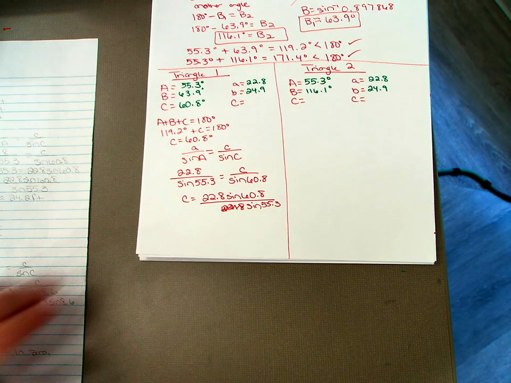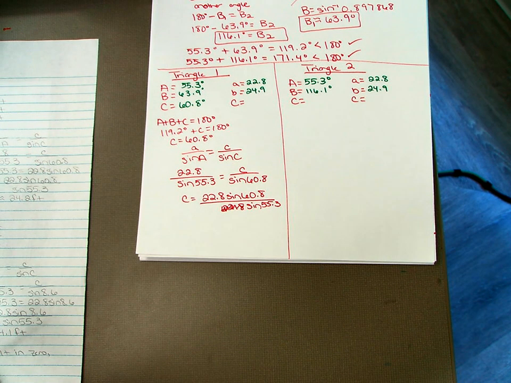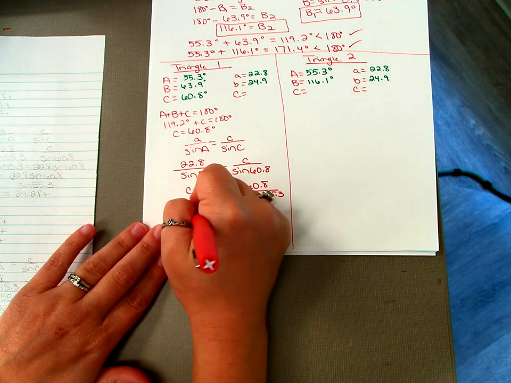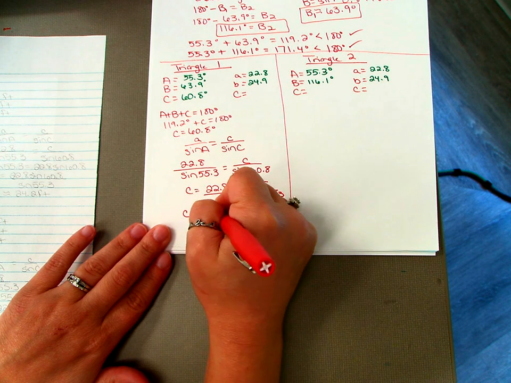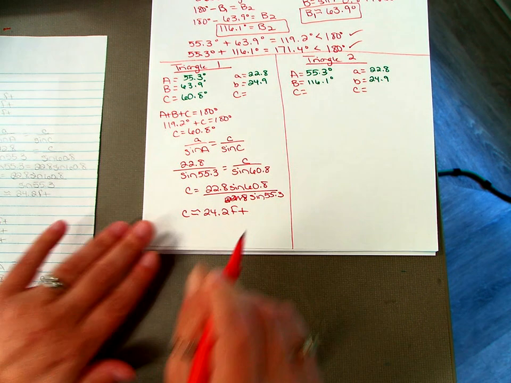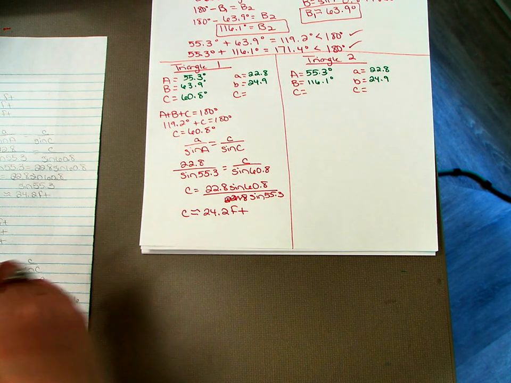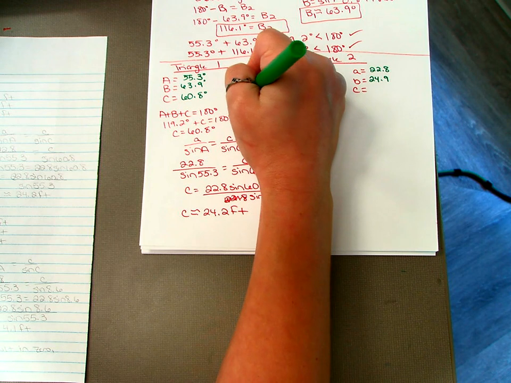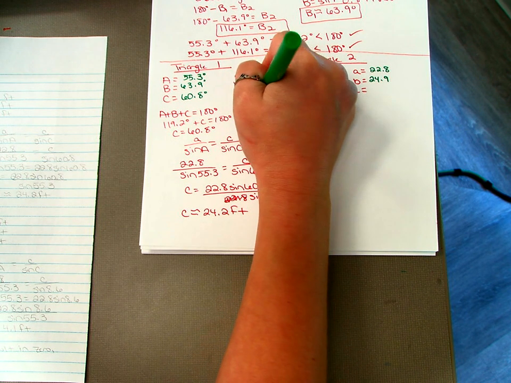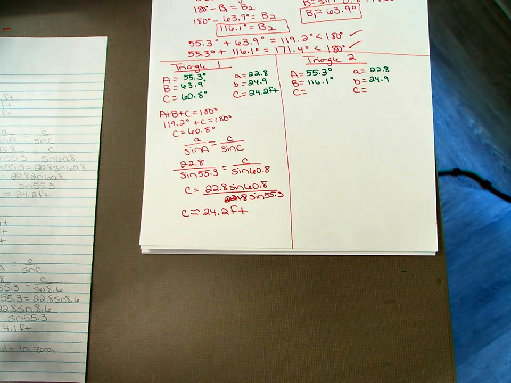C should equal 22.8 times sine of 60.8, all divided by sine of 55.3. So that C is approximately 24.2 feet. That's triangle 1.